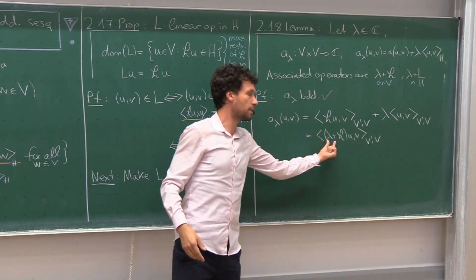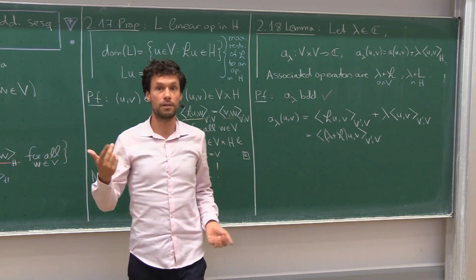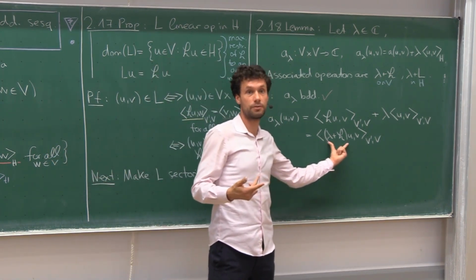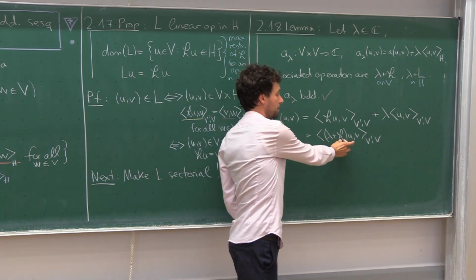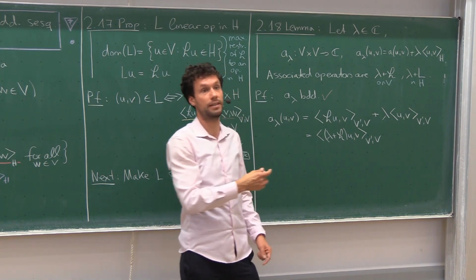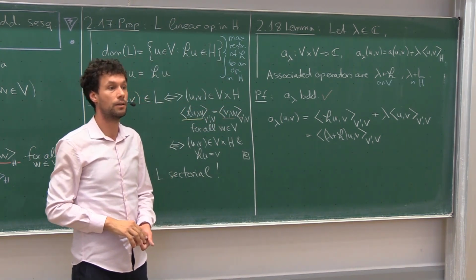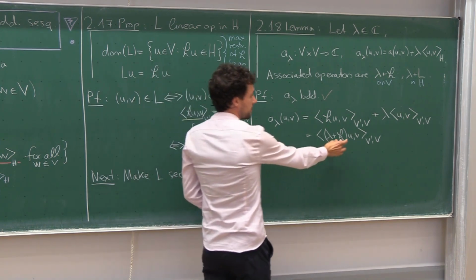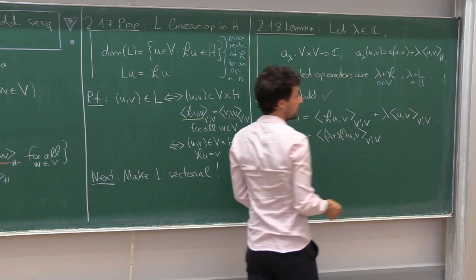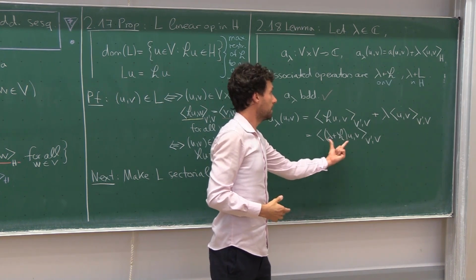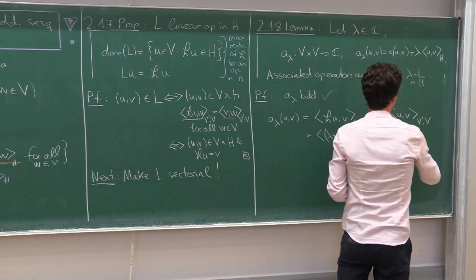So the first summand here automatically maps V into H. So if I want to look at the maximal restriction of this guy to an operator A in H, this is just the same as taking the maximal restriction of this guy to an operator in H and adding the lambda, which always maps into H. But the maximal restriction of this guy to an operator on H is precisely the L. And so if I want to restrict this guy, it's going to be lambda plus L. And then the proof is complete.